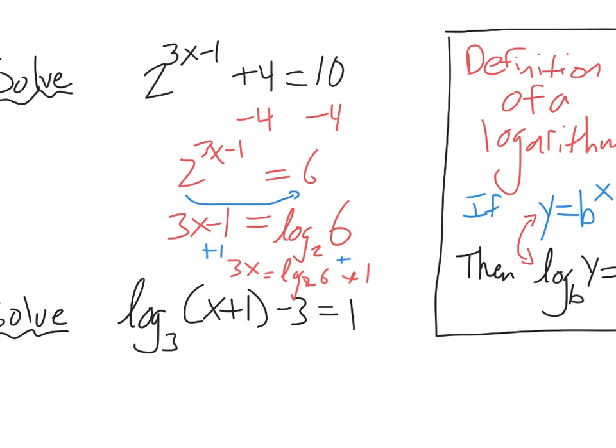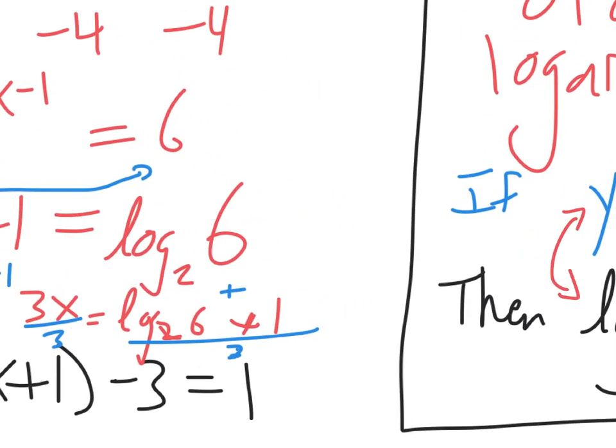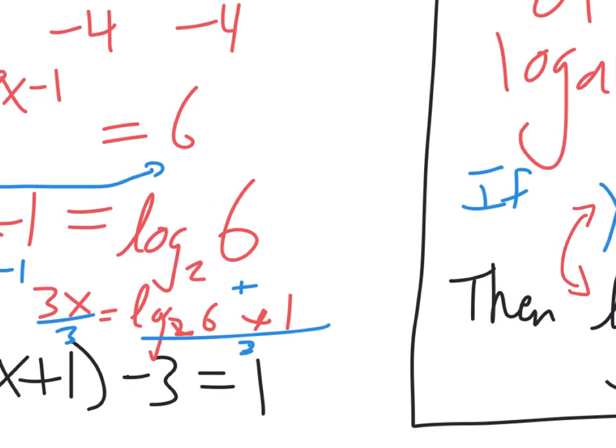Then we divide this whole thing by 3, and we end up with x equals log base 2 of 6 plus 1, all over 3. Kind of ugly, but that would be the exact answer.